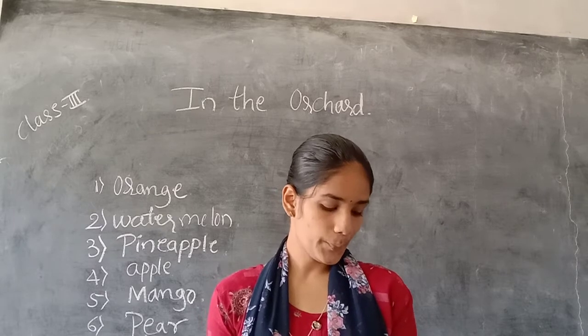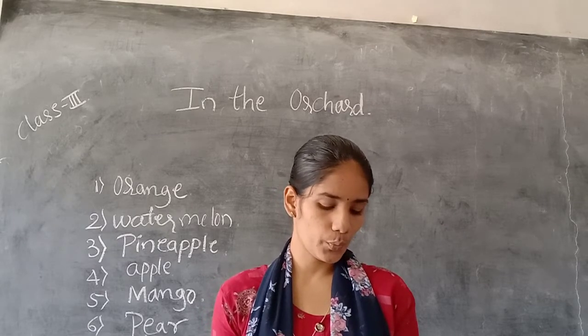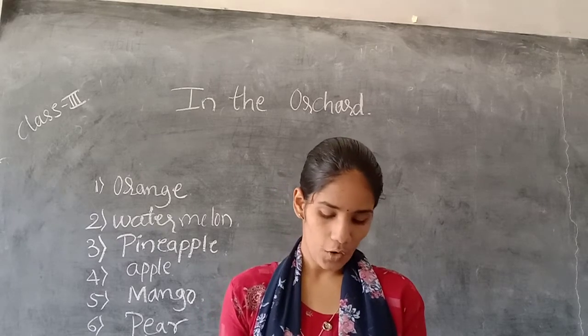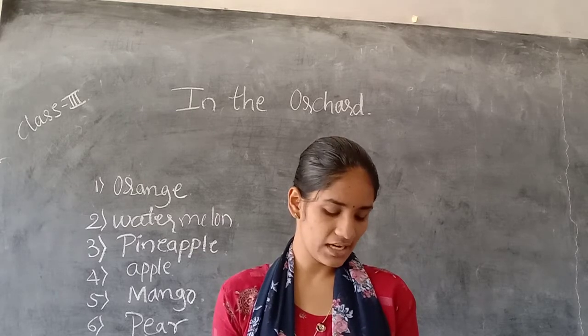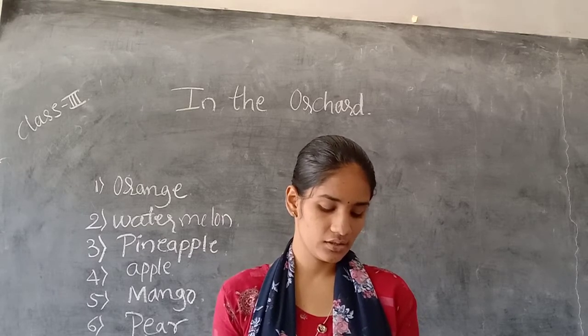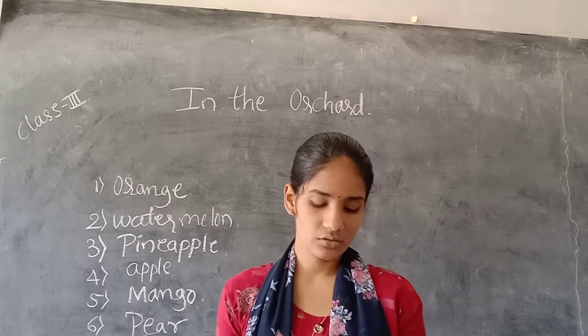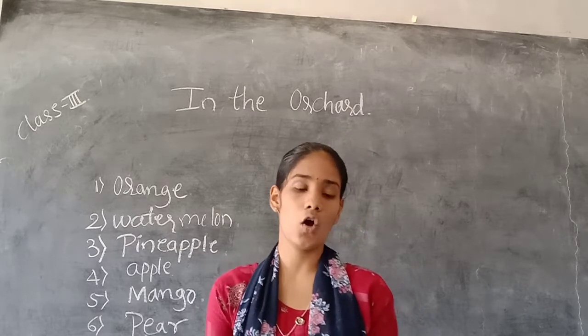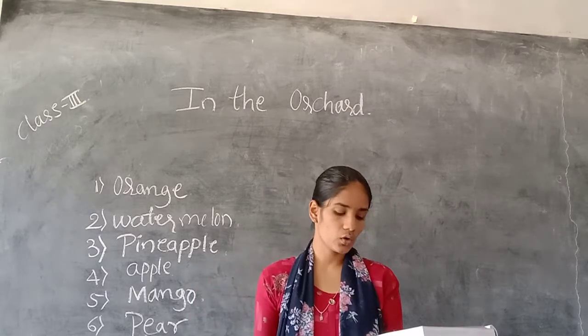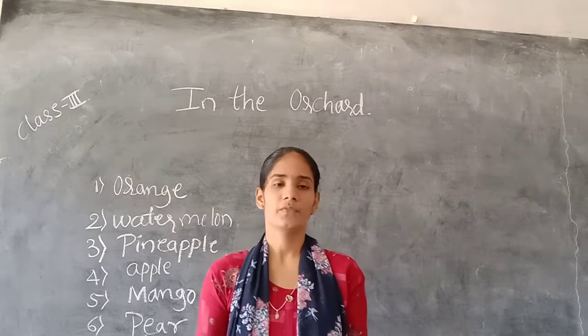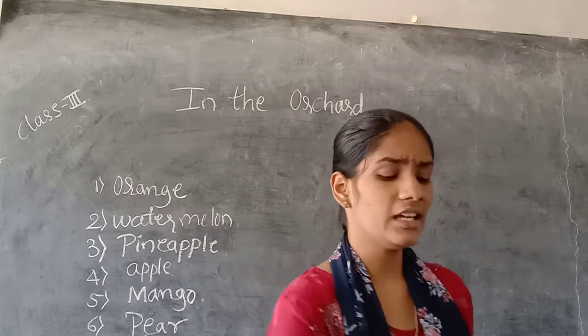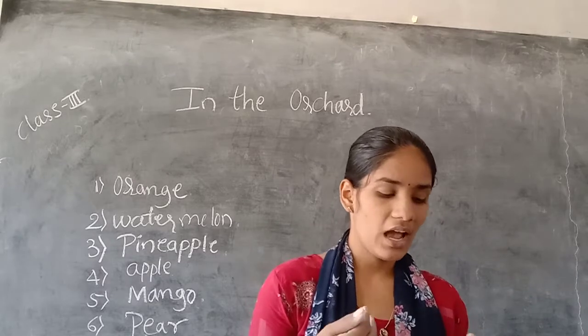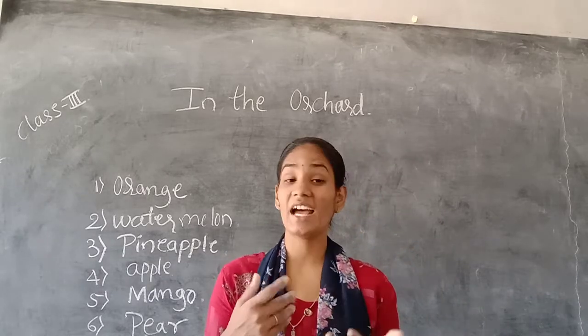Apples and other fruits grow on plants and trees. Farmers grow these plants and trees in their orchards. An orchard is an area of land used for growing fruit trees. So students, see here, an apple and other fruits.